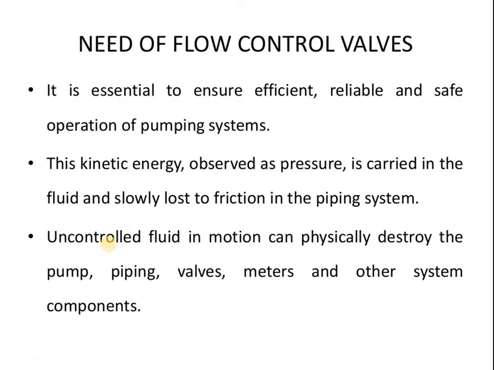And the need of flow control valves is essential to ensure efficient, reliable and safe operation of the pump system. Kinetic energy absorbed as pressure is carried in the fluid and slowly lost to friction in the piping system. Uncontrolled fluid in motion can physically destroy the pump, piping, valves, meters and other system components.